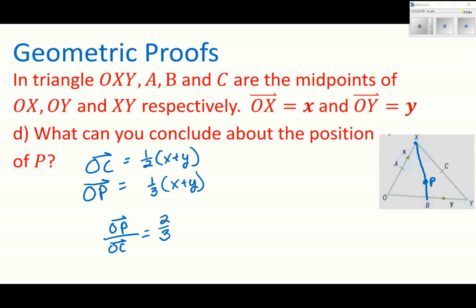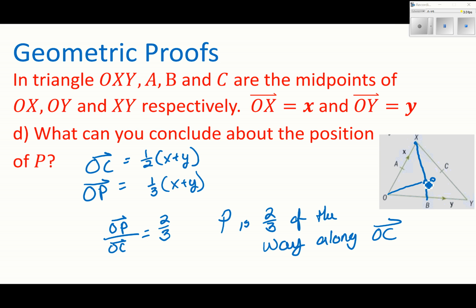So what I can conclude is P is 2/3 of the way along OC. So if I were to draw OC, I would see that my P is also 2/3 of the way along OC, and it's 2/3 of the way along OXB.